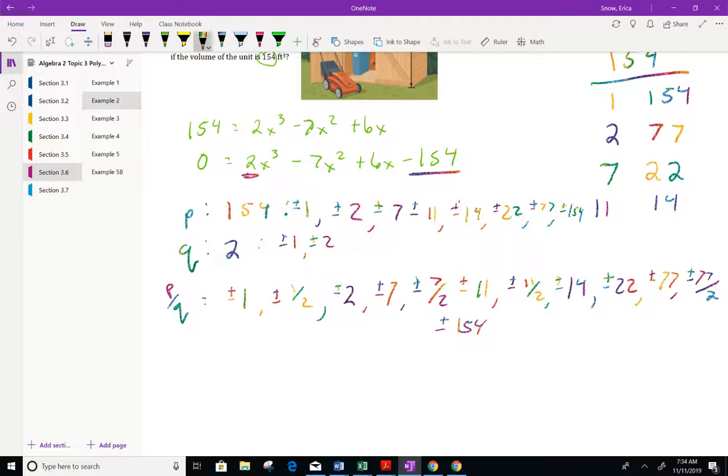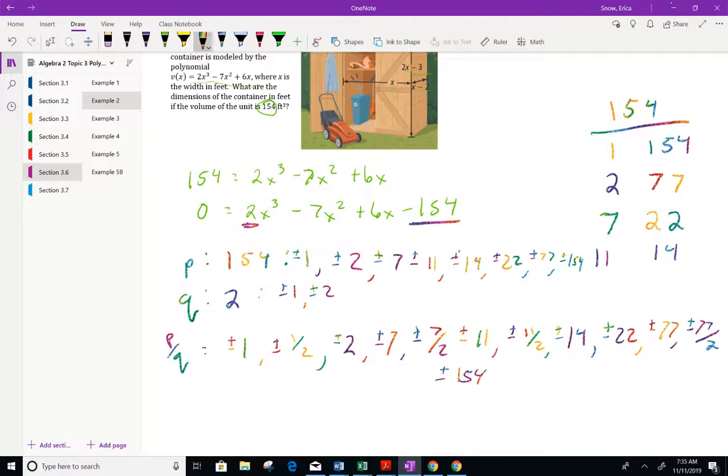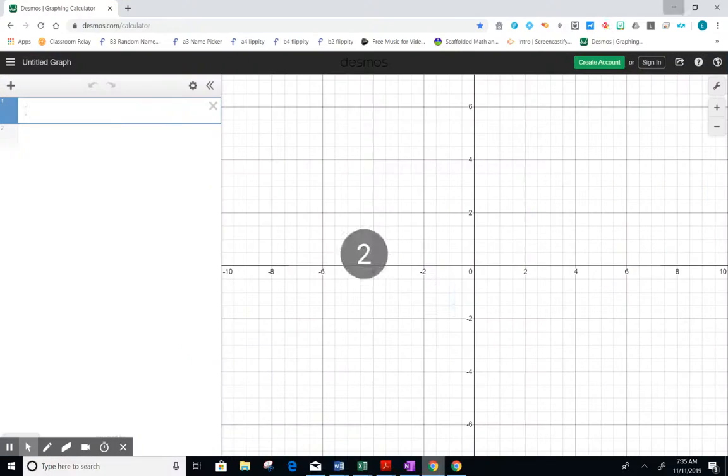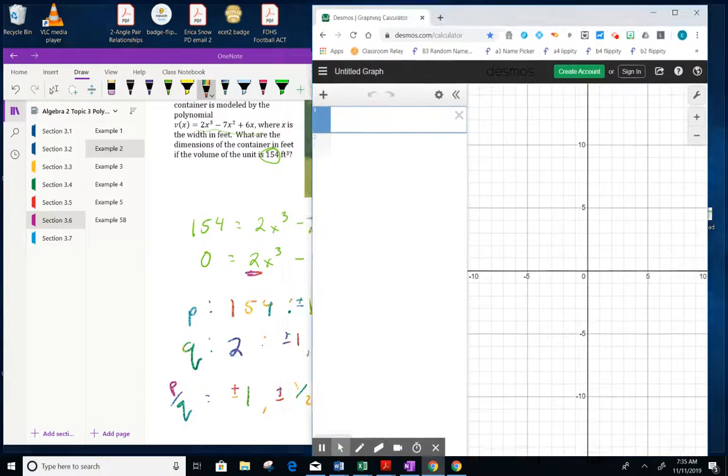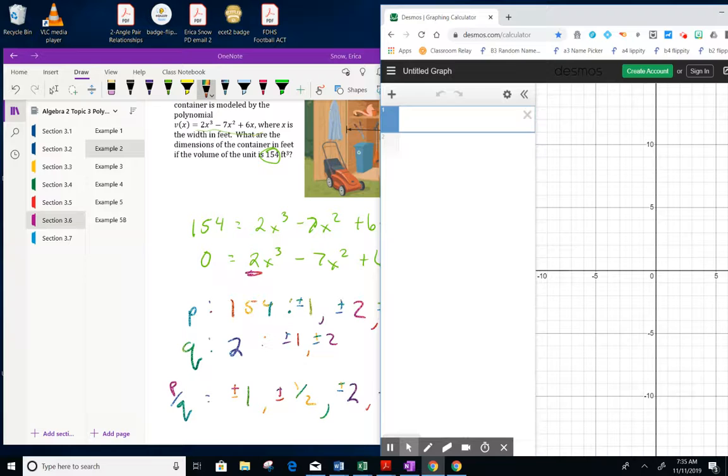Now, the way that we see if these are zeros, the easy way is to graph them. So I am going to now hop over to Desmos, and we're going to put in 2x cubed minus 7x squared plus 6x minus 154 into our equation.